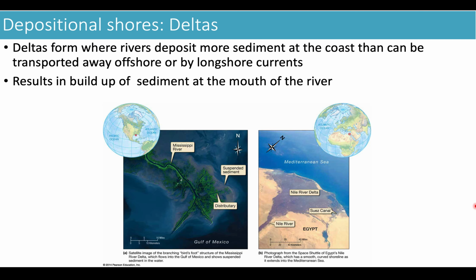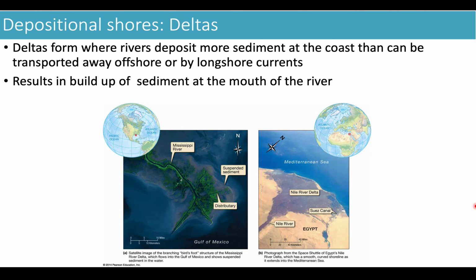So we also have depositional landforms. So landforms that are caused by deposition of sediment by the ocean or by water. So one of the main ones is deltas. So deltas are formed generally where rivers flow into the ocean. So the rivers are going to be carrying a lot of sediment.